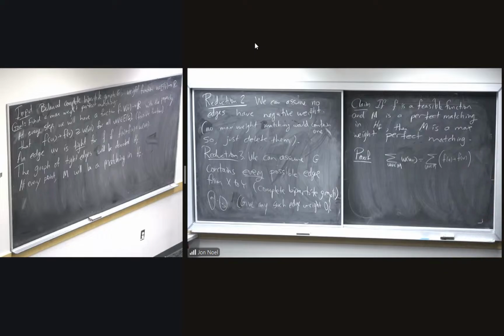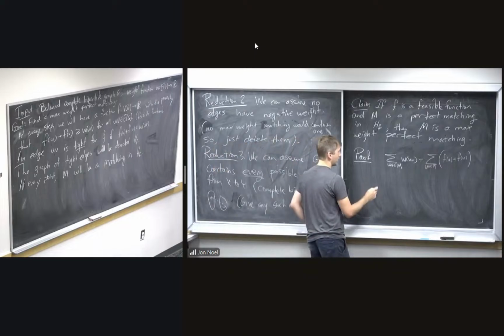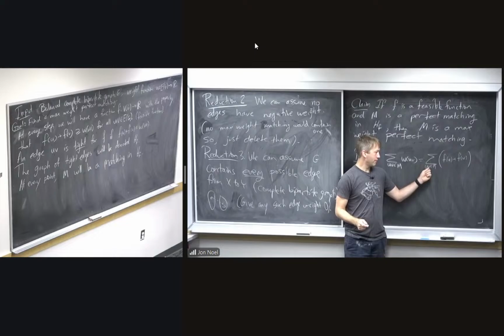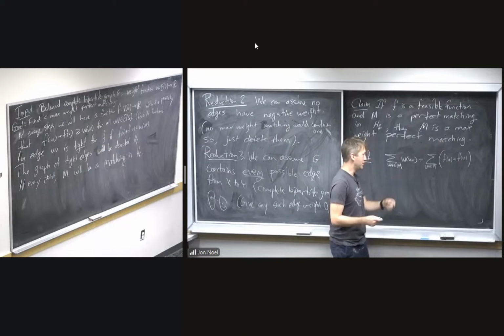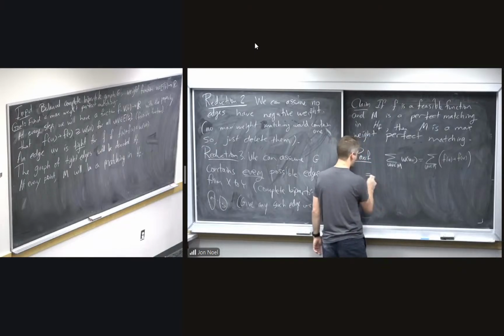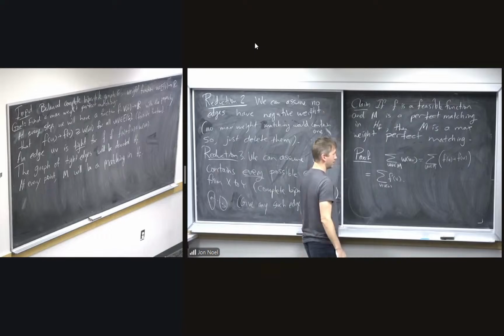Because the edges in M are all tight, since M is a matching in H sub f. And it's a perfect matching in H sub f, so every vertex of the whole graph appears as the endpoint of exactly one edge of M. So every vertex is either u or v exactly once. So this is just equal to the sum over all v in the vertex set of f of v, because it's a perfect matching.